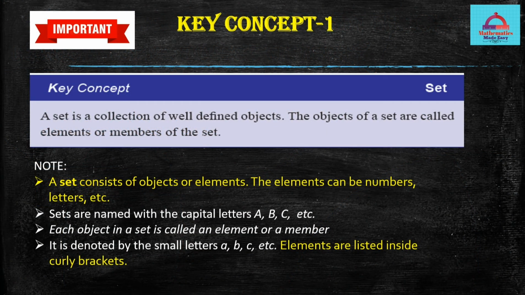Let's understand the first key concept for today, which begins with the definition of a set. So what is a set? A set is said to be a collection of well-defined objects, and the objects which are there in the set are called the elements or the members. There are some important things about sets that you should know.